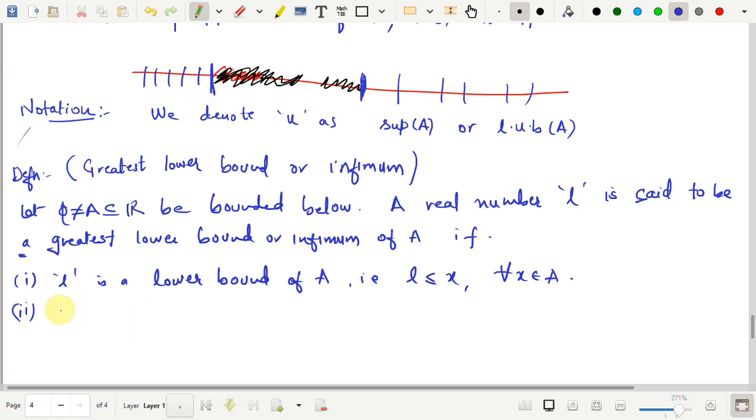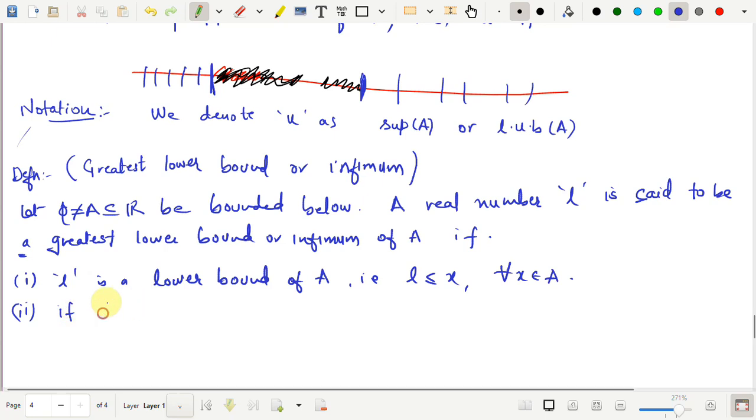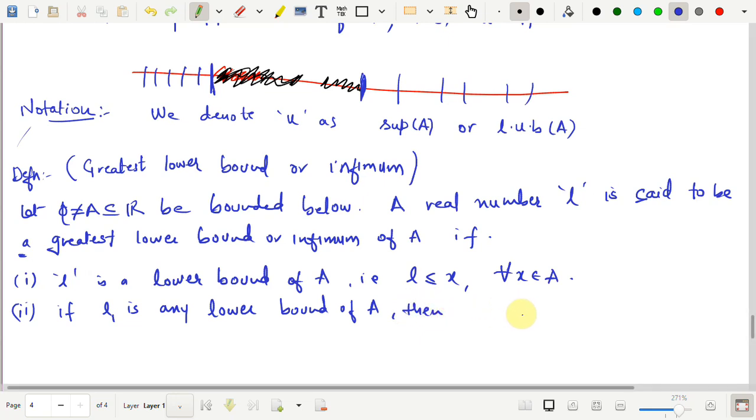So if L1 is any lower bound of A, then it has to be less than, or it may be equal to, the greatest lower bound.